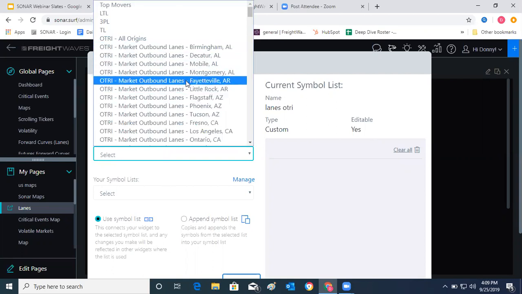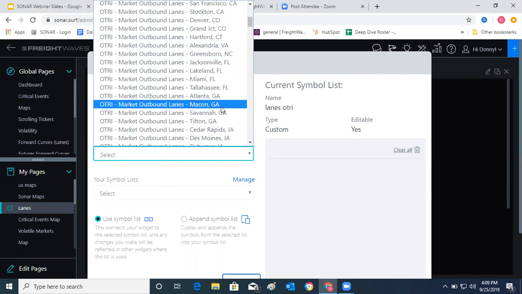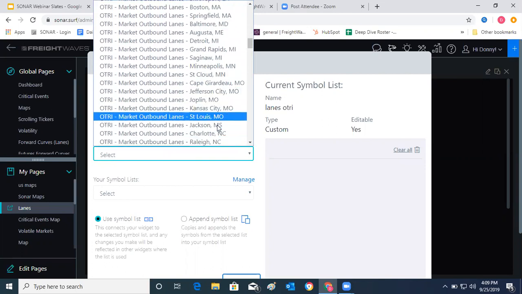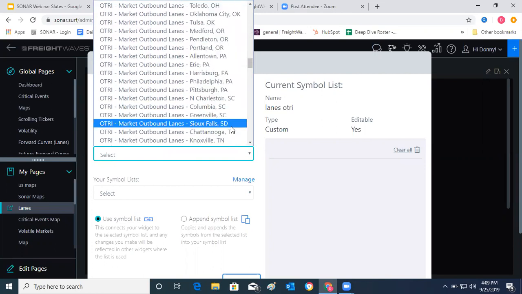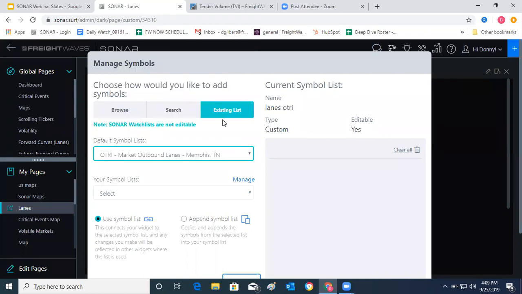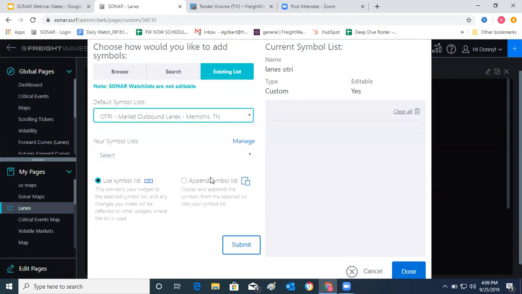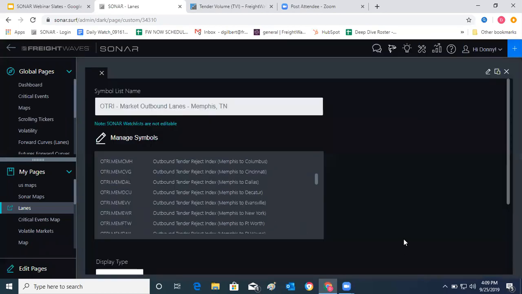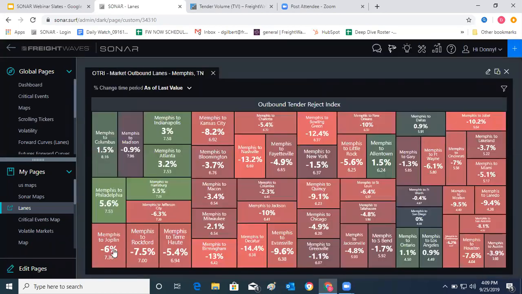If we choose Birmingham, we're going to go down here and find Memphis. They're in alphabetical order by the state. There's Knoxville. Here's Memphis. And what we want to do now is submit. And it's going to give you all the lanes outbound Memphis. And done. Scroll down here and choose save.